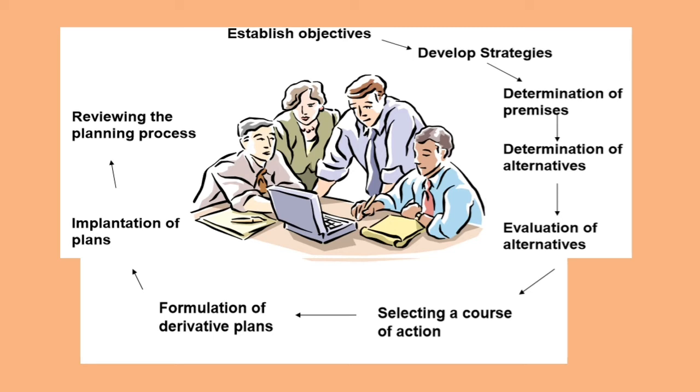The third is the choice of alternative course of action. So, when forecasts are available and premises are established, a number of alternative courses of action have to be considered. For this purpose, each and every alternative will be evaluated by weighing its pros and cons in the light of the resources available.